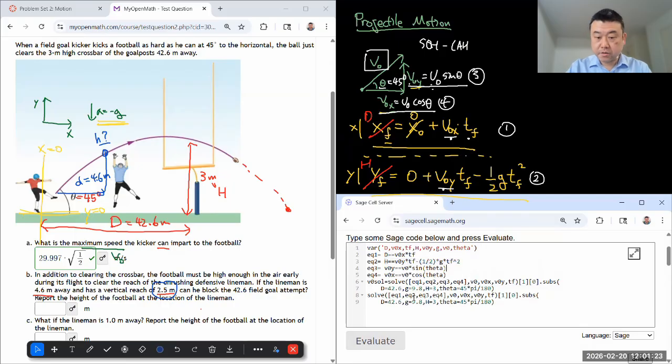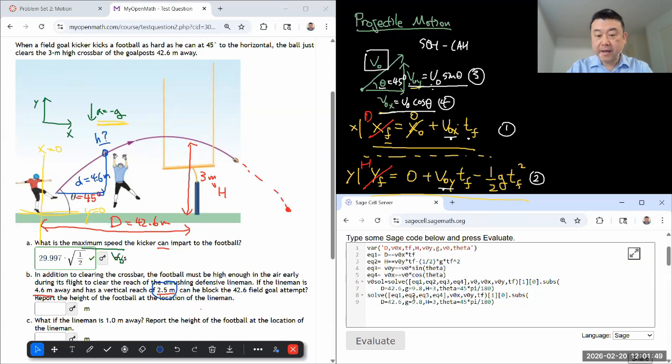The structure of the equation doesn't change. What changes is that instead of treating V naught as unknown, V naught itself will be known, but I need to treat these as unknown so that equations 3 and 4 still make sense.